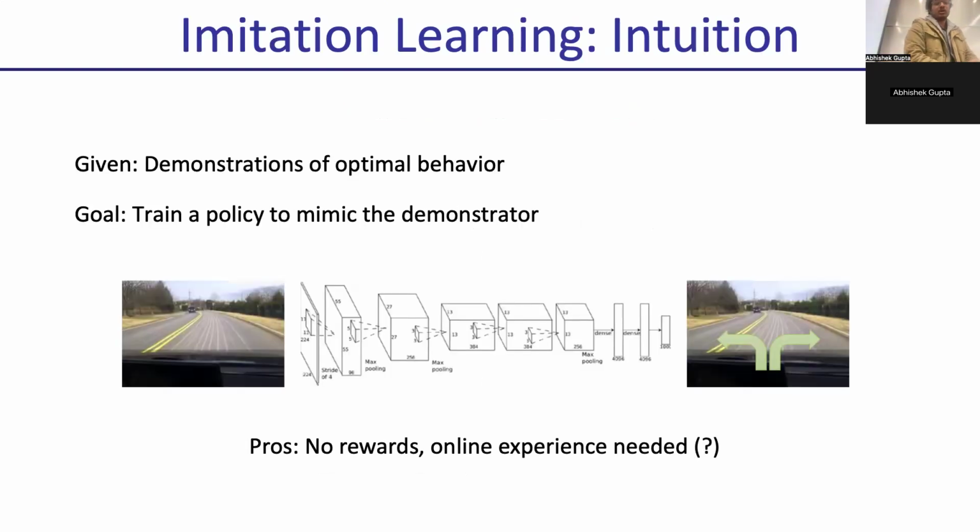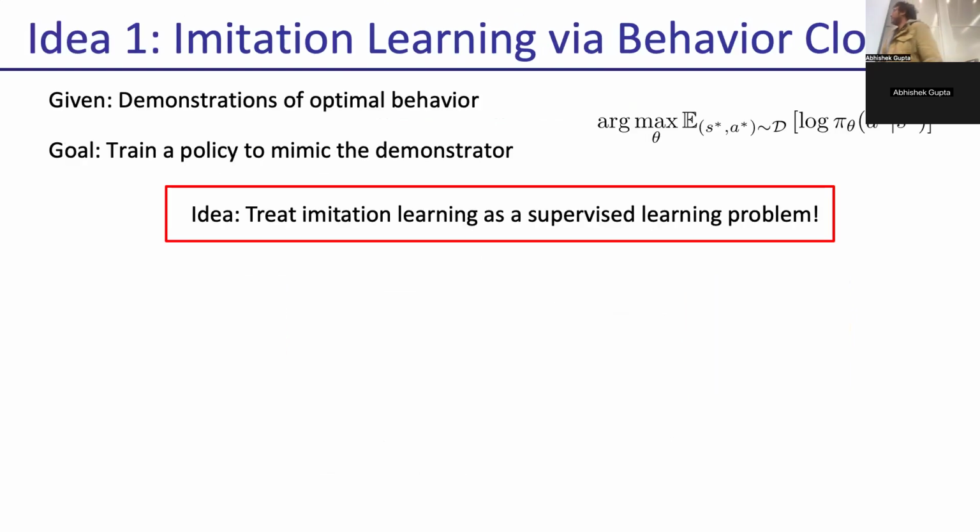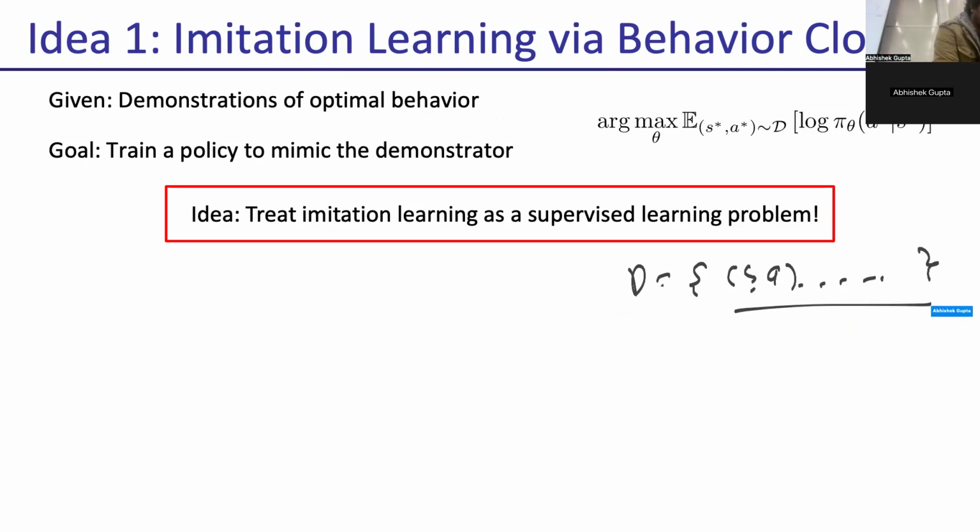Okay, so if you remember the setting for imitation learning, we are considering a setting where we are given traces of expert behavior. So we have a data set of state action pairs, in trajectories from the expert demonstrator, a bunch of states and actions that the expert took.